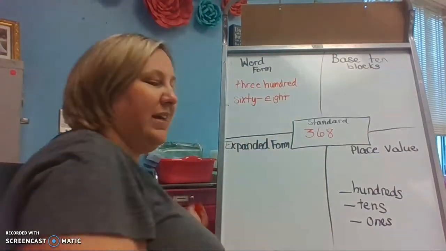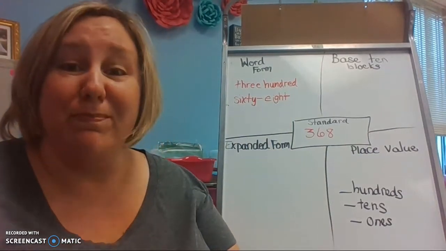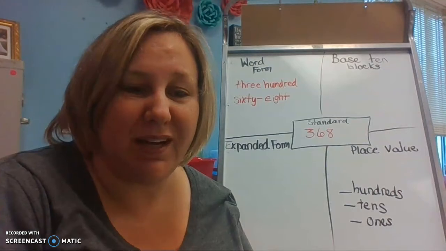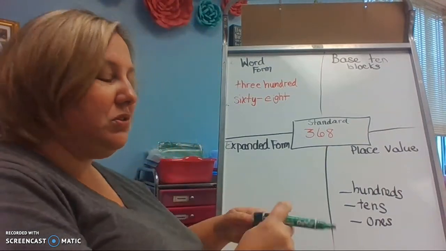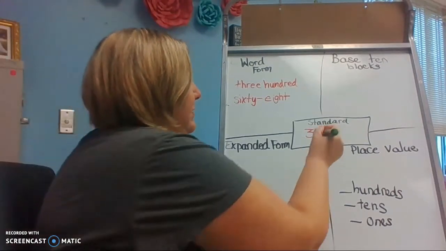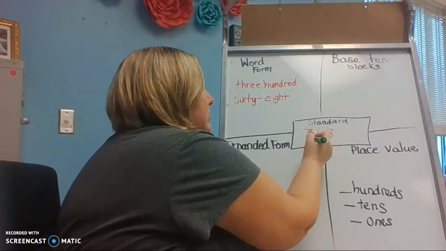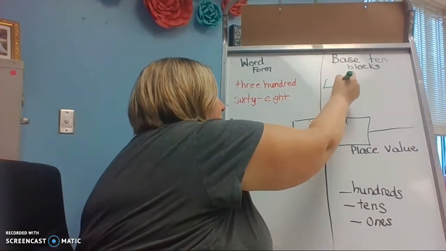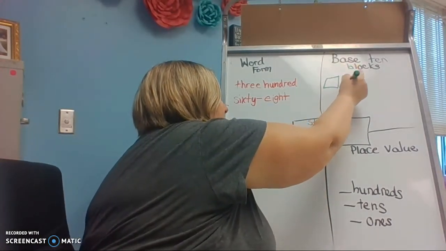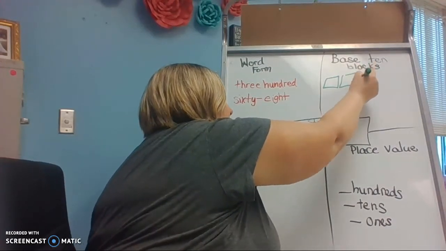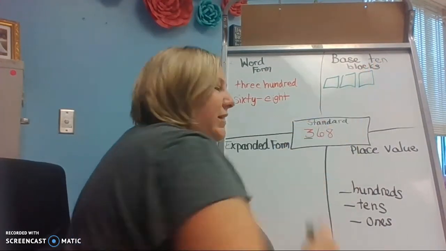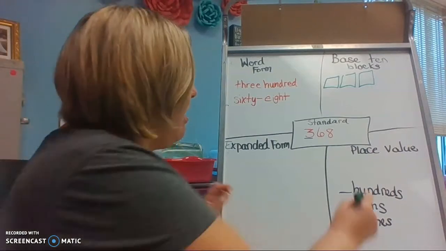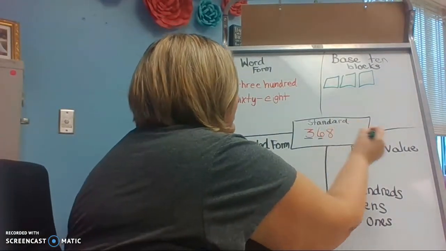368. Now, for the base 10 blocks, we have to draw our base 10 blocks. Remember, what do we use to draw our hundreds? That's right, we're going to use squares. So I have 100, 200, 300s. Now, how many 10s do I have? That's 6 10s.